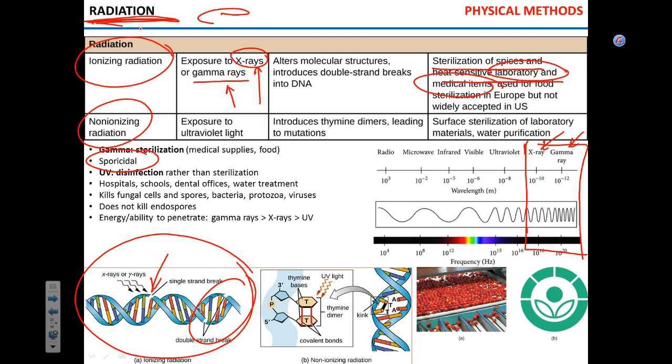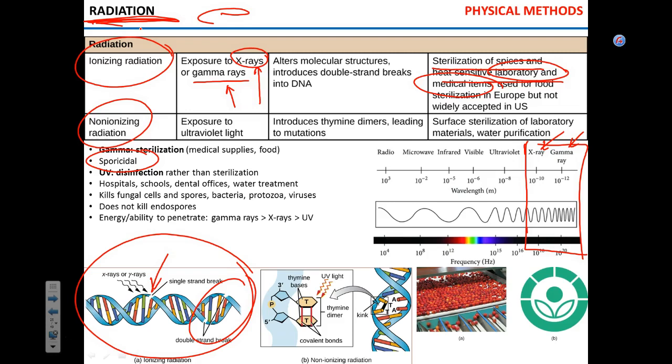You can basically run a conveyor belt through the gamma ray chamber where plastic goods will be exposed to the radiation. Does that make sense? So it's a great sterilizing technique. Now, obviously the downside of gamma rays is that they are extremely aggressive and have to be used with a lot of precaution measures.